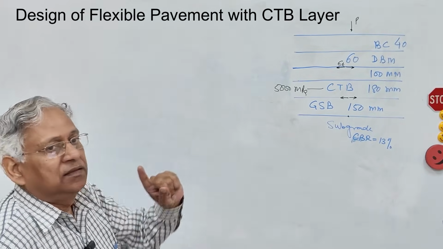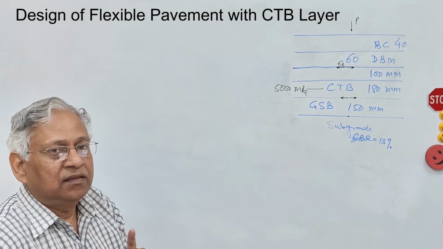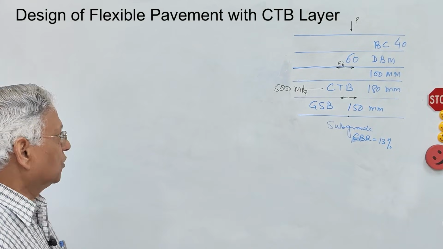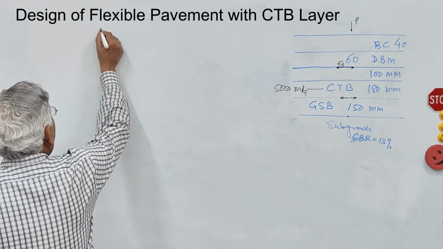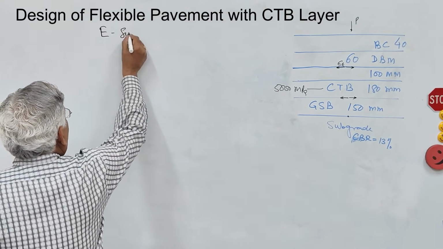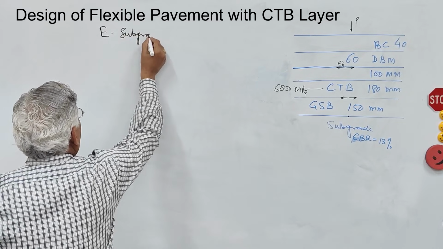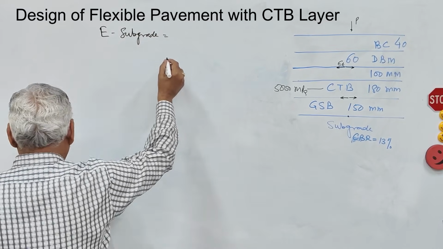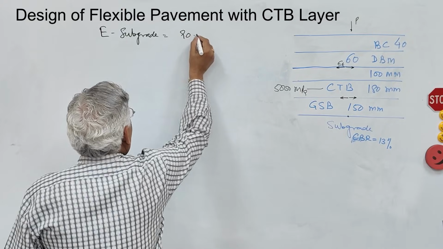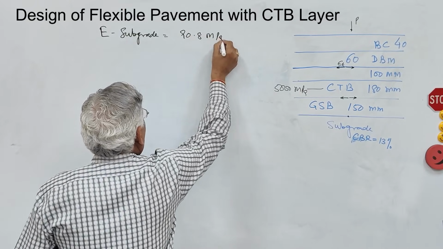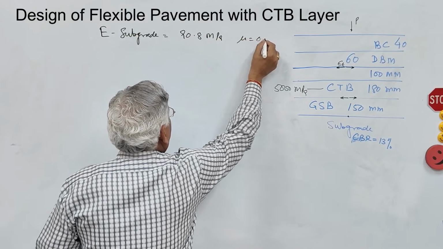For that you need the E value of each layer as well as the Poisson ratio. So the E value of subgrade we have calculated, that is 90.8 MPa, and mu value is taken 0.35.